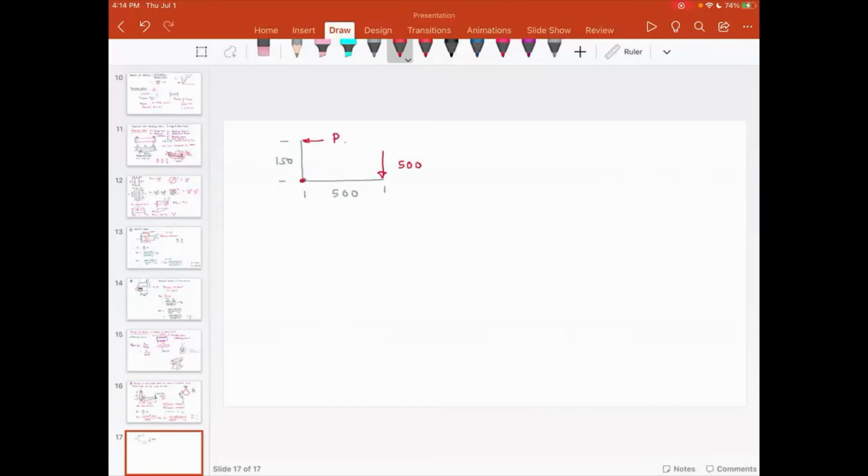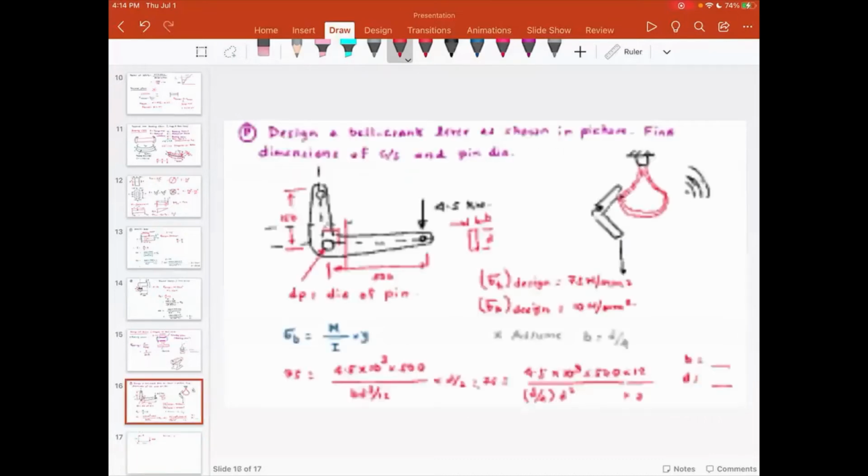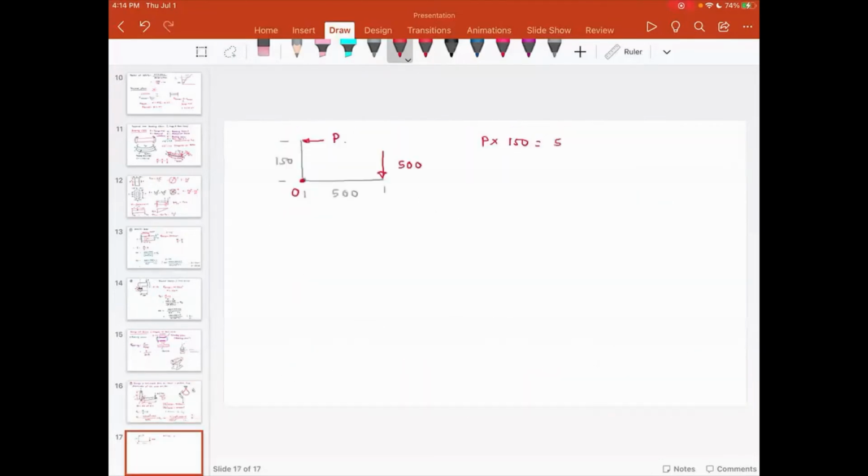Taking the moment about the fulcrum or the hinge, P multiplied by 150 is equal to 500 multiplied by 4.5 kilonewton.